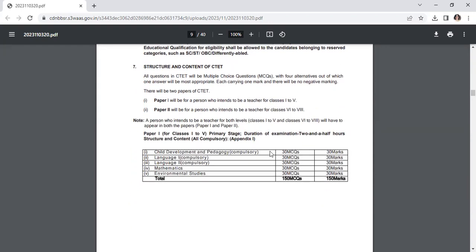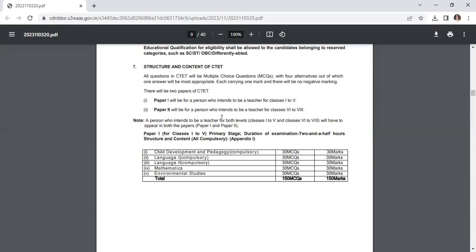Structure and content of the CTET. All the questions in the CTET will be multiple choice questions with four alternatives, out of which one answer will be the most appropriate, each carrying one mark, and there will be no negative marking. There will be two papers of CTET. Paper 1 will be for a person who intends to be a teacher for classes 1st to 5th.